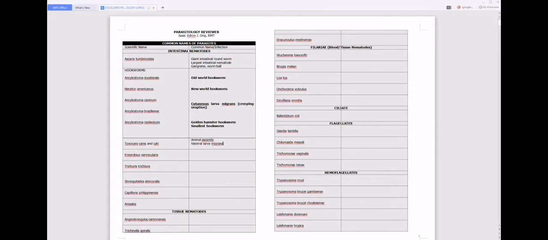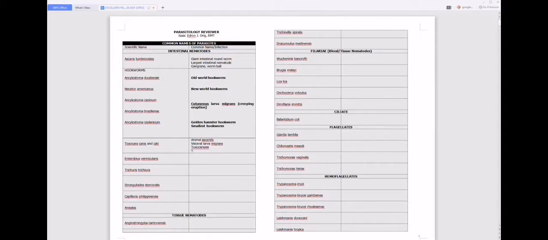So visceral larva migrans. So diba different from cutaneous larva migrans of Ancylostoma caninum and Brasiliense. Toxocara canis and cati, visceral larva migrans. And they can cause toxocariasis.